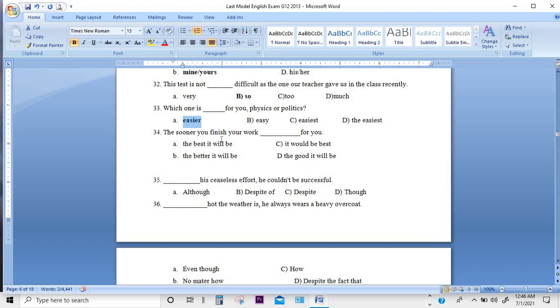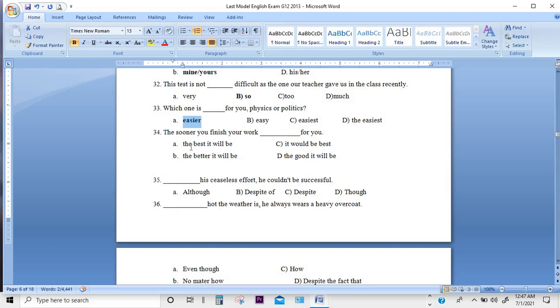Most of the time we use parallel comparison or double comparison to show a gradual increase or a gradual decrease of something. When something is gradually decreasing or increasing we use parallel comparison to indicate it. So we use parallel comparison for this case: to show gradual increase or gradual decrease. So: "the sooner you finish the work, the better it will be".